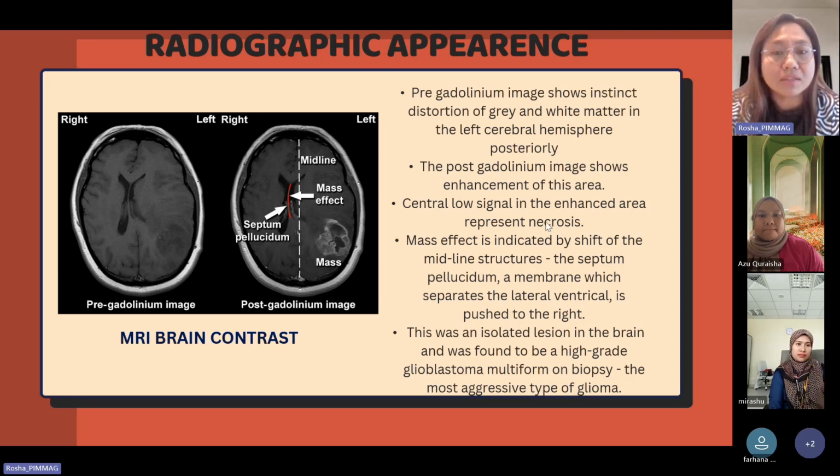As you can see here on the left images, the mass contains necrosis. The dark area inside here represents necrosis, and the irregular shape is also one of the characteristics of a glioblastoma.